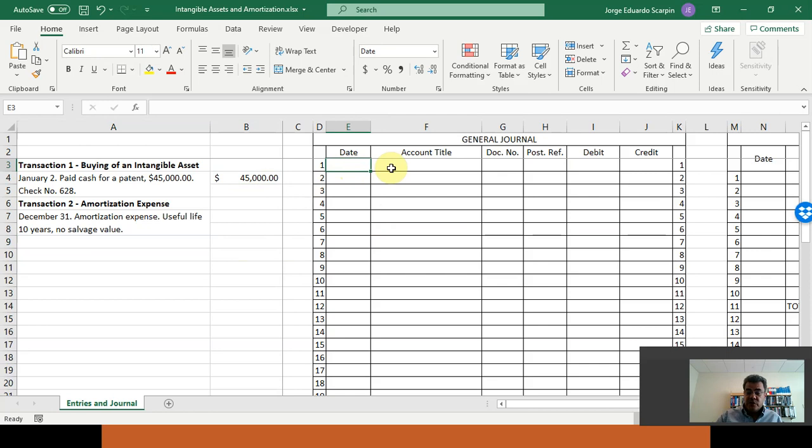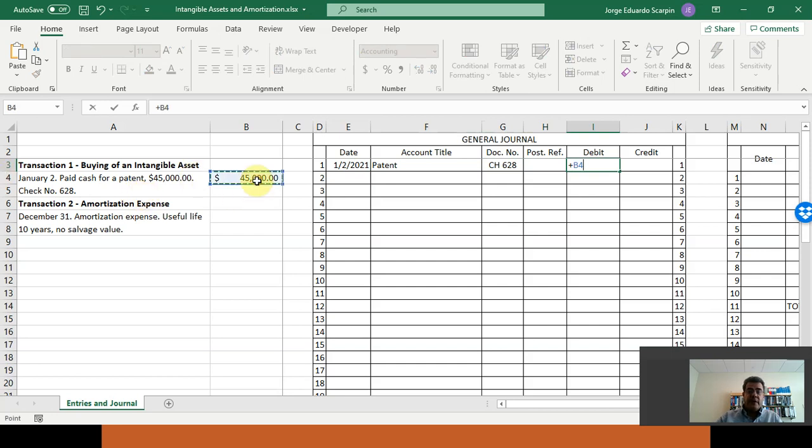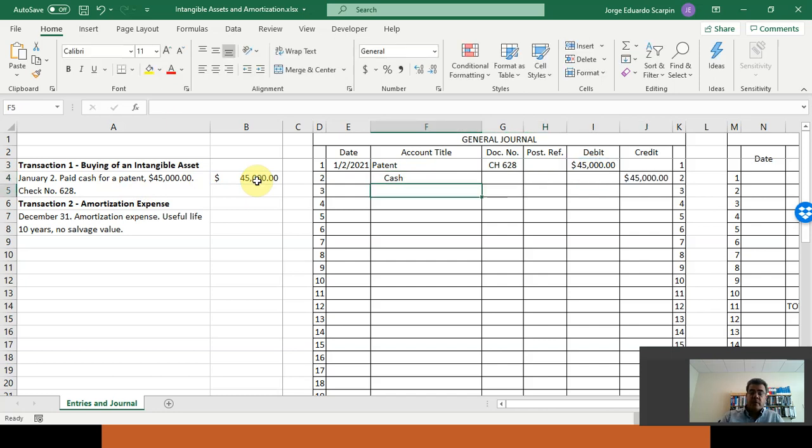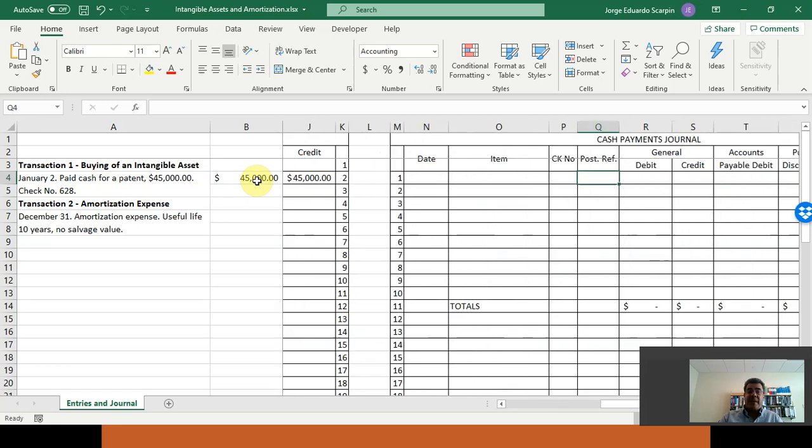$45,000. January 2nd, pay cash for a patent. So patent here. Check 628, debit $45,000, and credit cash $45,000. If it is cash, let's go to the cash payment journal.